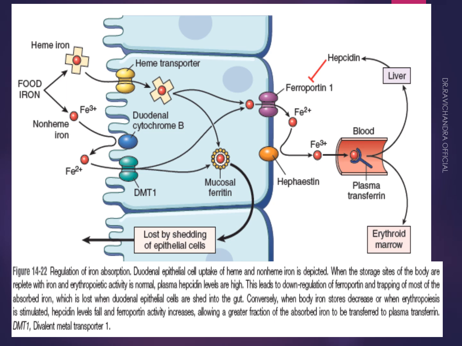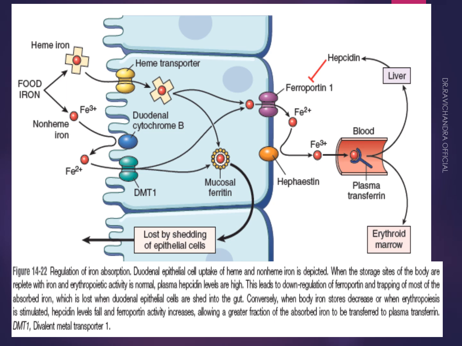So this is a beautiful picture from Robbins, which is telling how iron absorption is regulated. The duodenal epithelial cells will take both the heme and non-heme iron. When the stores of the body are replete with iron and erythropoietic activity is normal, there will be increased levels of plasma hepcidin.